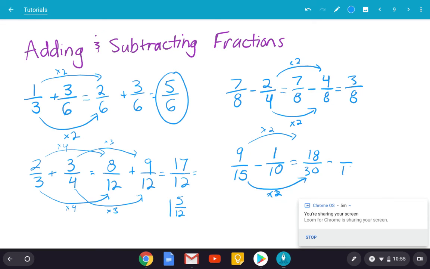And then 10 times 3 is 30, so I have to multiply 1 times 3, which is 3. So now I'm subtracting 18 thirtieths minus 3 thirtieths. When I do 18 minus 3, that's 15 thirtieths. And if I were to simplify 15 thirtieths, I can divide both of those numbers by 15. So that would also equal 1/2.